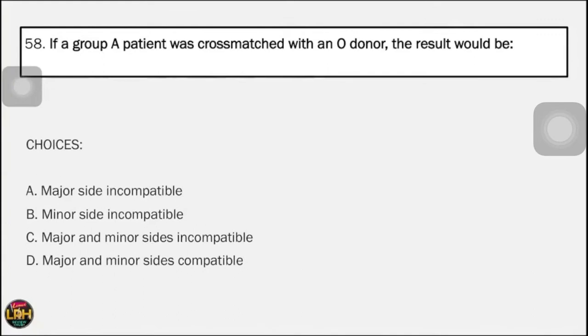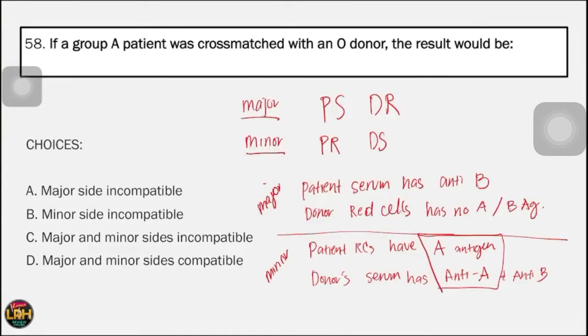So number 58, if a group A patient was cross-matched with an O donor, the result would be, choices: letter A, major side incompatible, letter B, minor side incompatible, letter C, major and minor sides incompatible, or letter D, major and minor sides compatible. So this is cross-matching. This is also known as your compatibility testing.